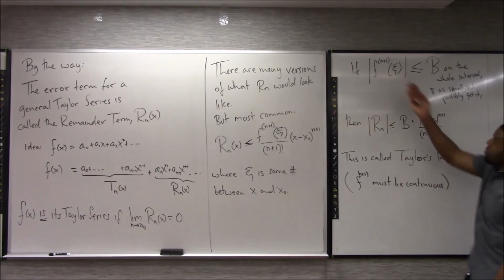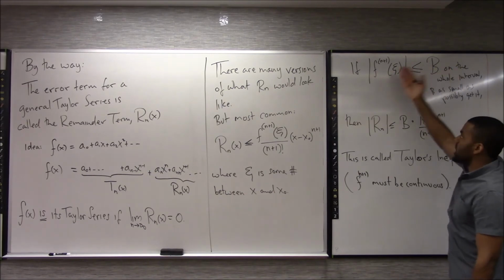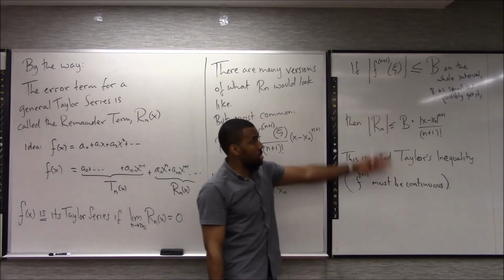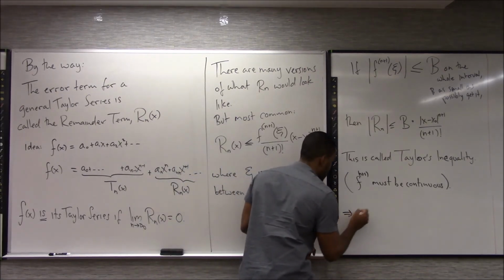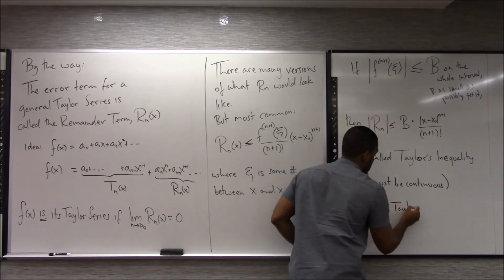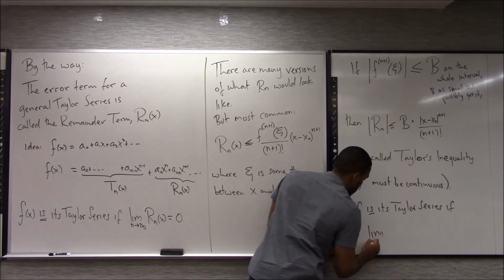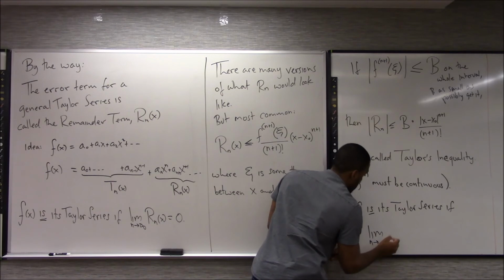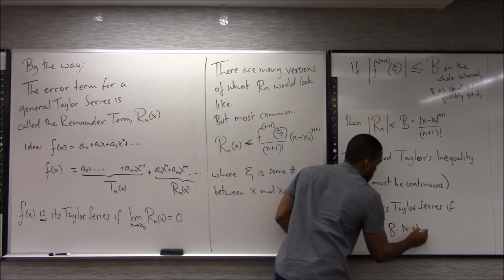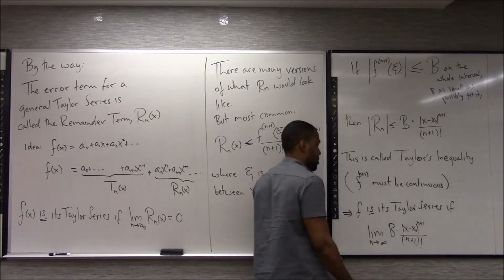So if you can find a general formula for the n plus first derivative, and you know that there is some number where that's always going to be smaller than or equal to, then it turns out that your remainder term is this guy, and so you can say f is its Taylor series if the limit of b, which at this point is just going to be a constant, times x minus x naught to the n plus 1 over n plus 1 factorial is 0.